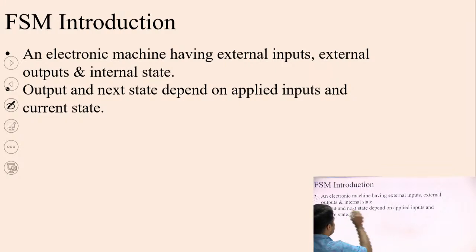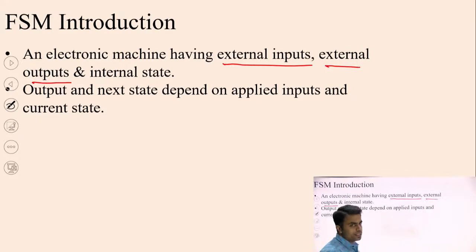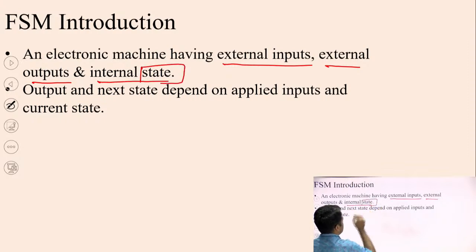That machine will have some external inputs, some external outputs, and other than these inputs and outputs, some internal state. This term state we are going to use again and again in today's lecture.